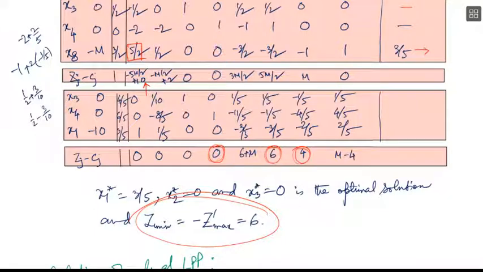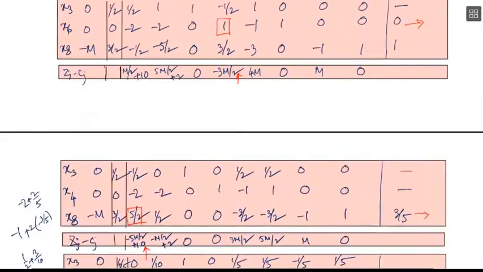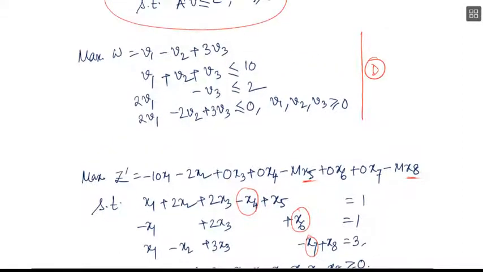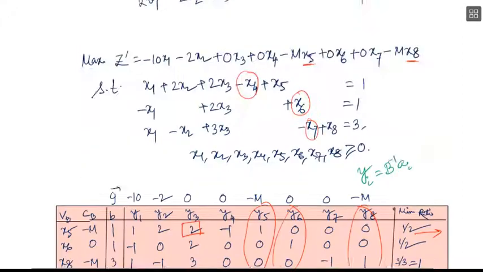Some mistakes are there. You see, x3 is in the basis and its value is 4 by 5, so x3 star will not be 0, it will be 4 by 5. But it was not in the objective function. Is it or not?